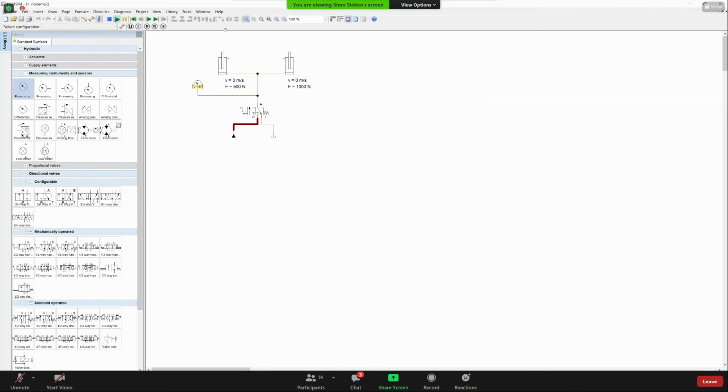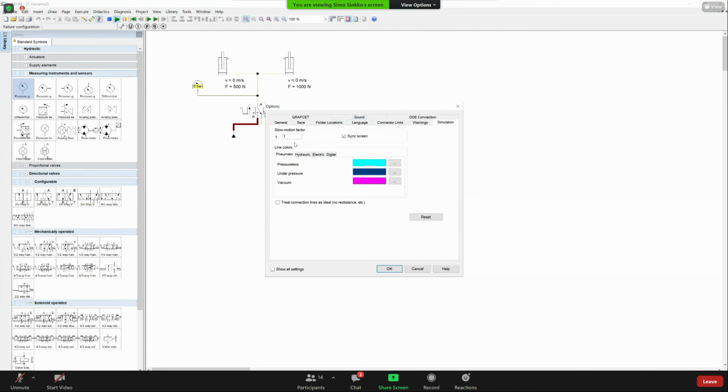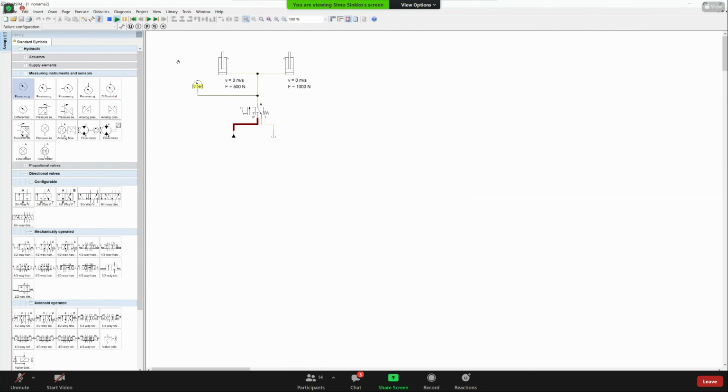So in the beginning, let me still change the options a bit so that we can see better what happens there. Let's slow down the simulation. So now the left one goes up with 26 bar, and when it reaches the end, then the next one starts the movement and it needs 51 bar.